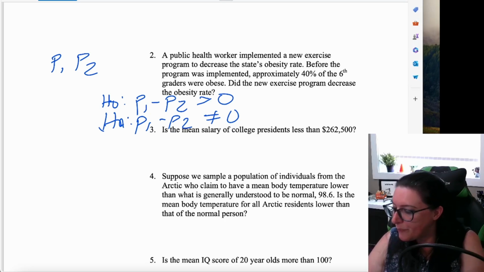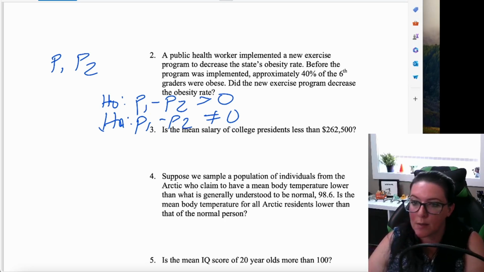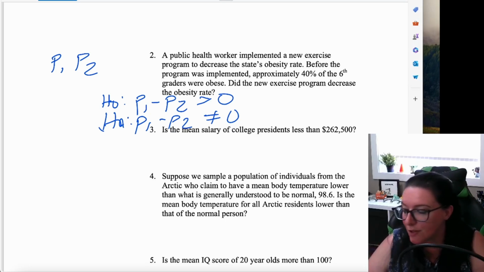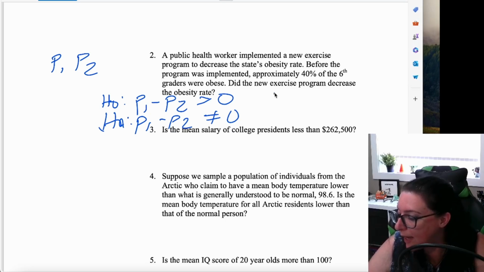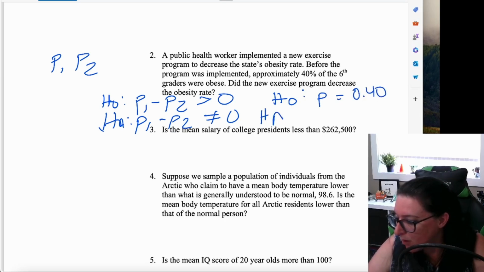Alternatively, if we're not comparing the results of the same people before and after, so that's a two-sample paired test, we could look at, is the proportion now equal to 40%? Our alternative here, we think that it worked.